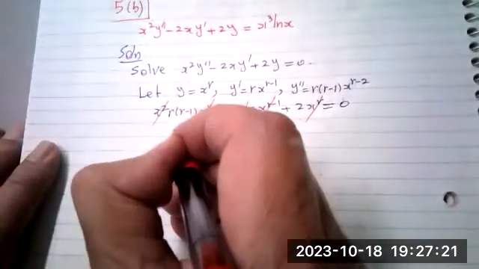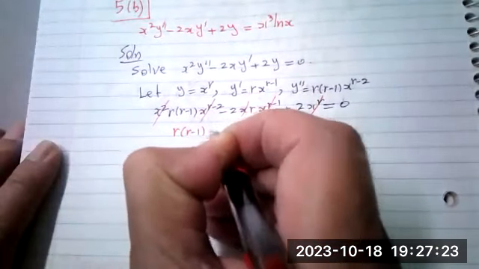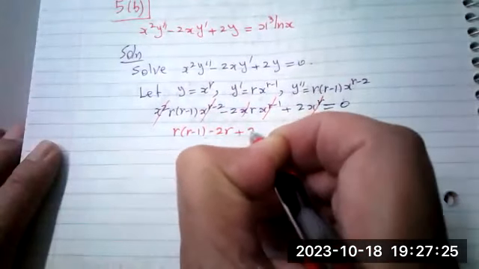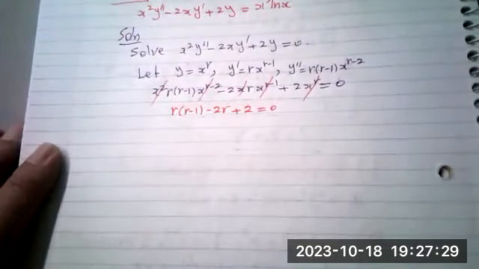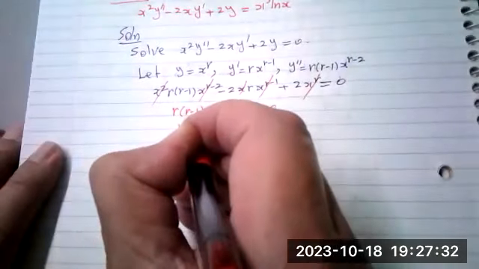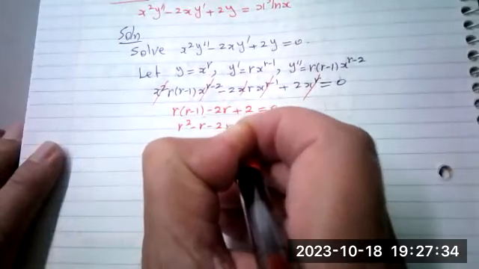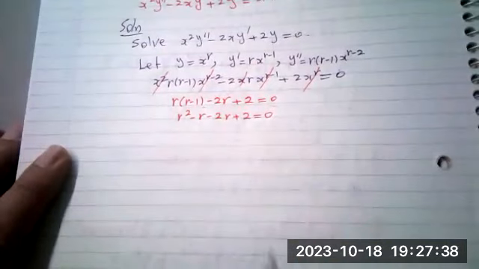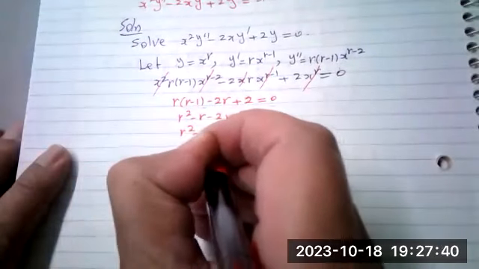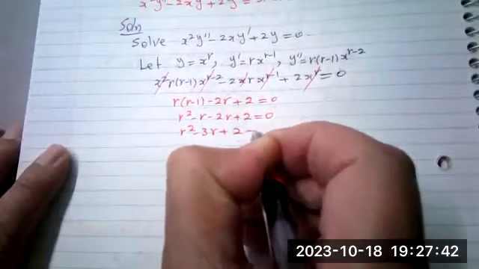So what's the leftover? r times r minus 1 minus 2r plus 2 equal to 0. Simplify: r squared minus r minus 2r plus 2 equal to 0. Combine the like terms: r squared minus 3r plus 2 equal to 0.